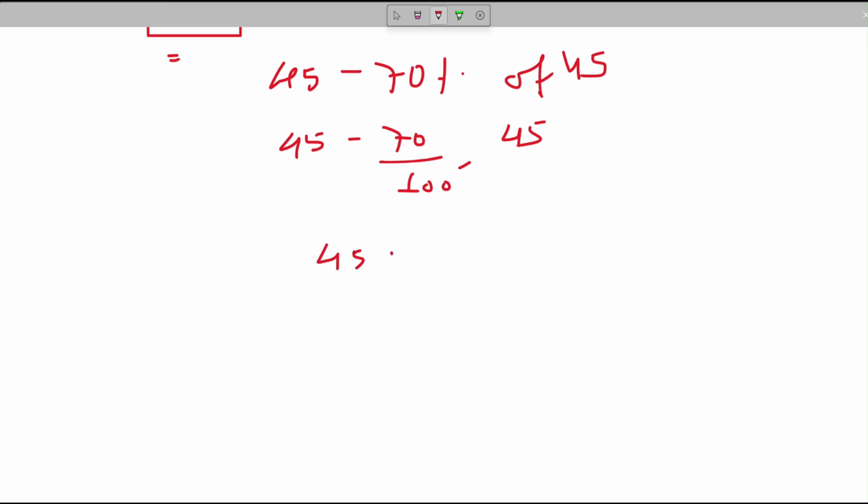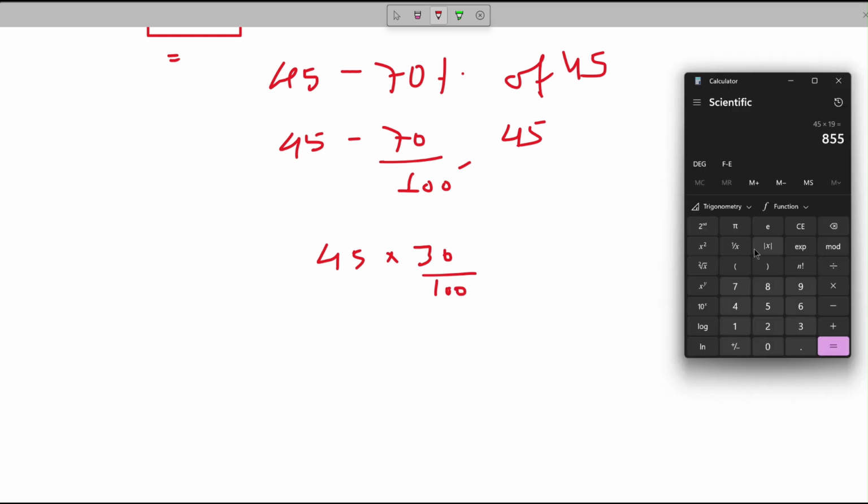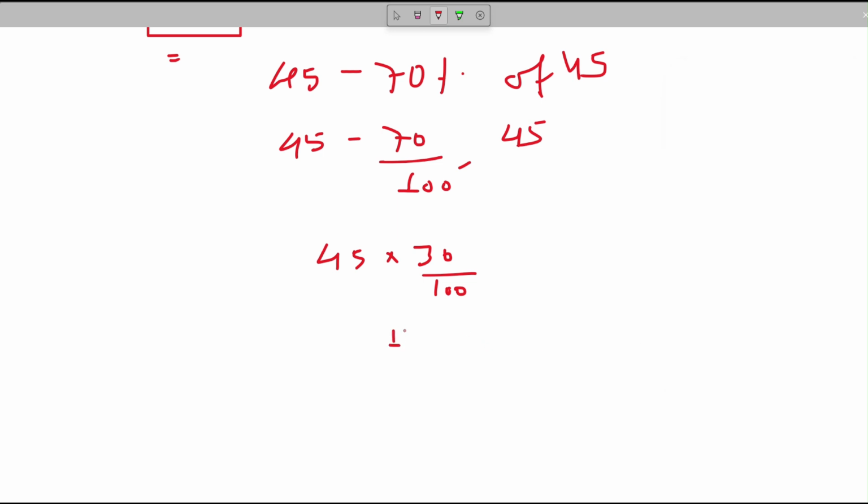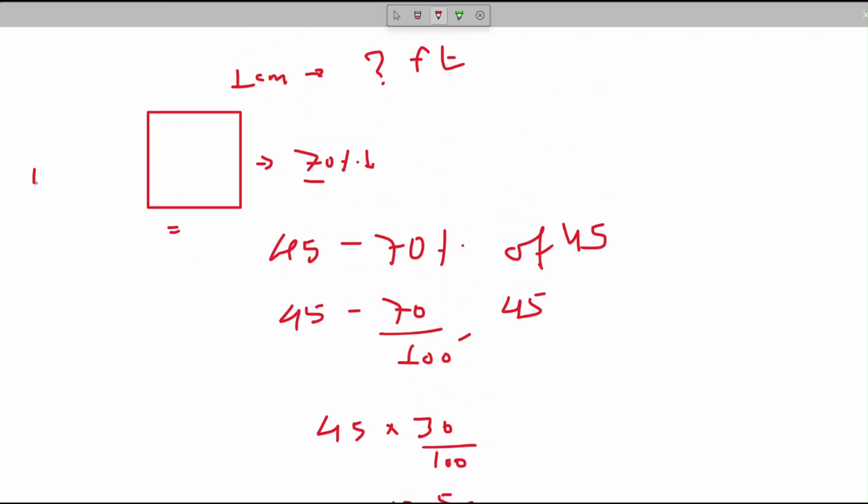This will be 45 times 30 by 100. 45 times 30 divided by 100 is 13.5 centimeters. So the side length of this map is 13.5 centimeters.